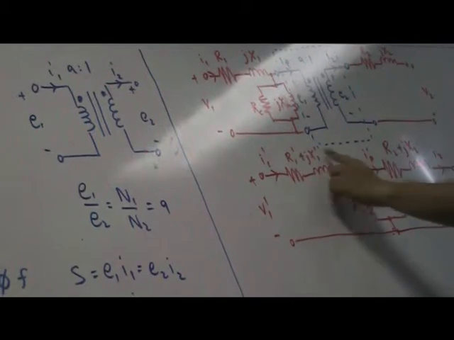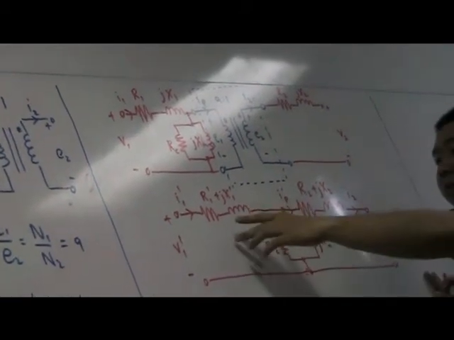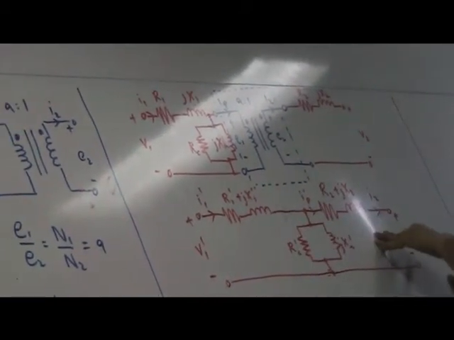And you see all the values now will have a prime, a superscript prime, to denote that now we have the primary side reflected onto the secondary side.